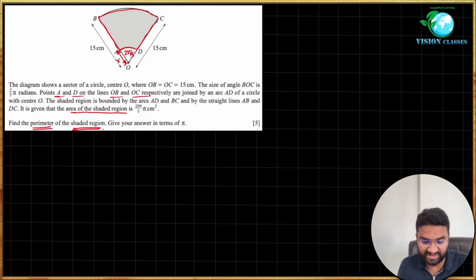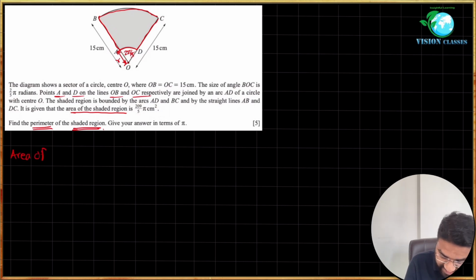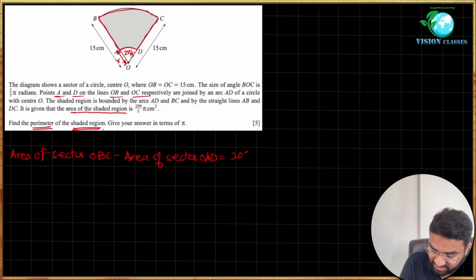Here you can write area of sector OBC minus area of sector OAD, which is equal to 209 pi over 5.